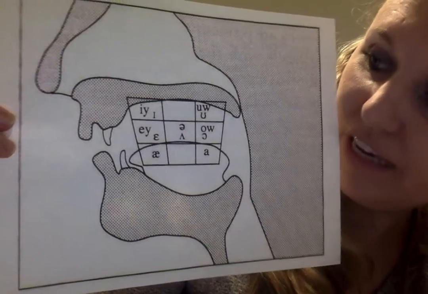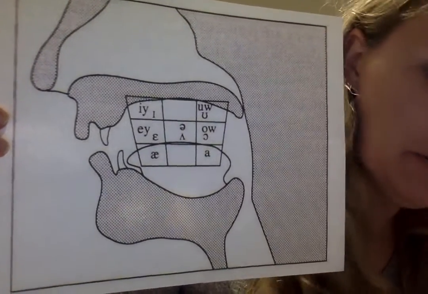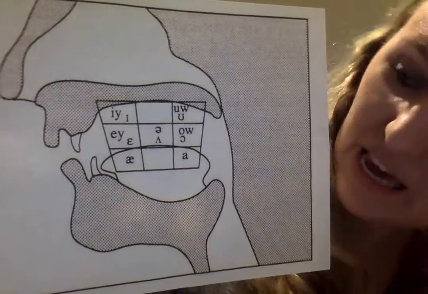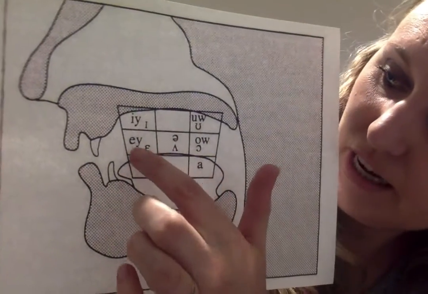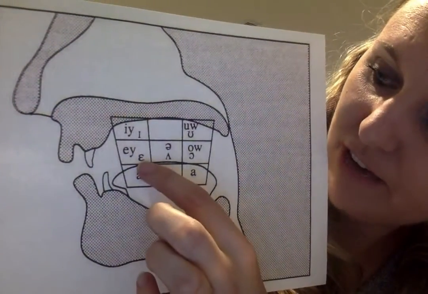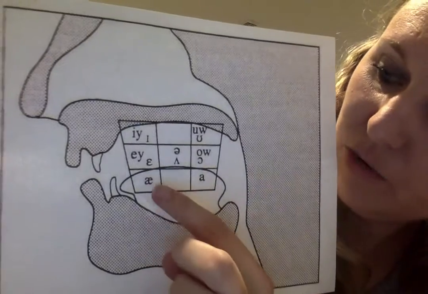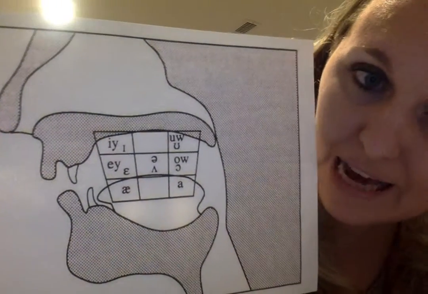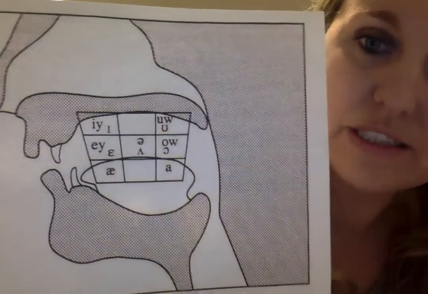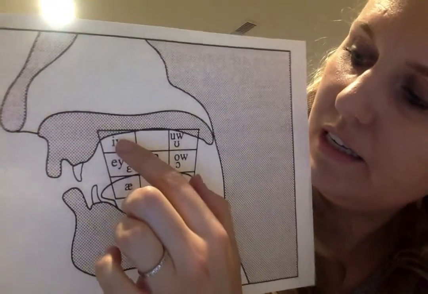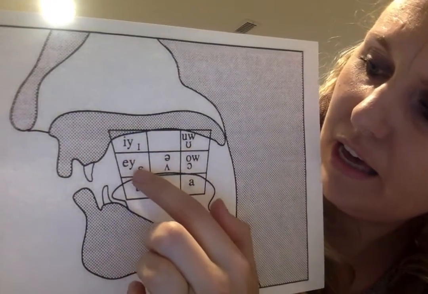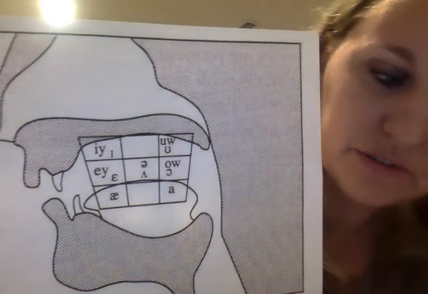We have I as in pink. We have A right here as in gray. We have E as in red. And we have A as in black. So these are our sounds. E, I, A, A. Right?